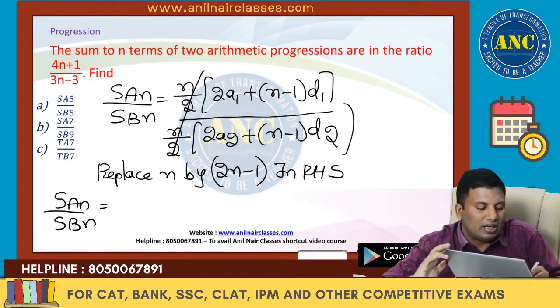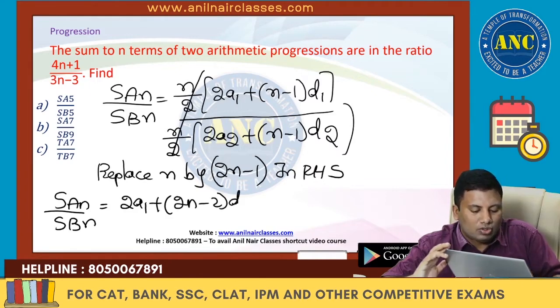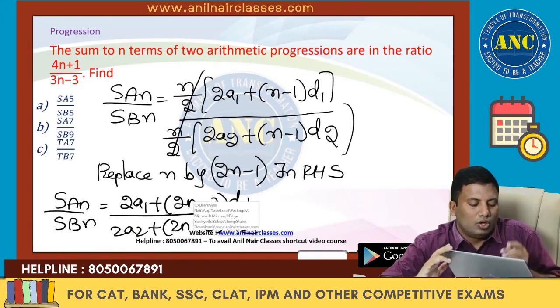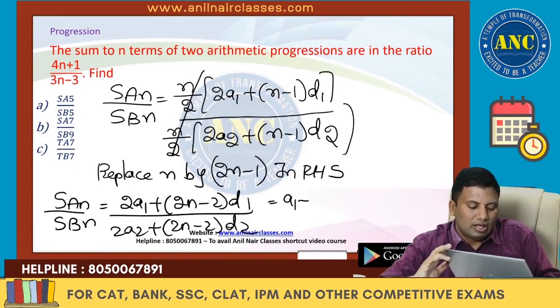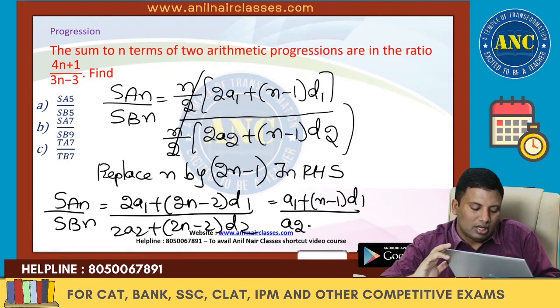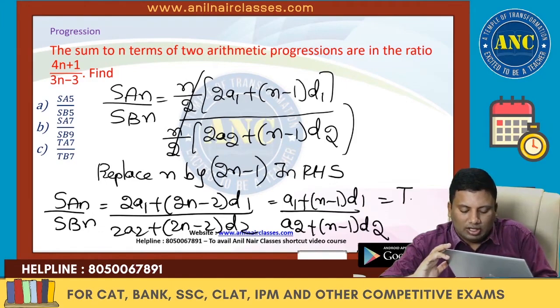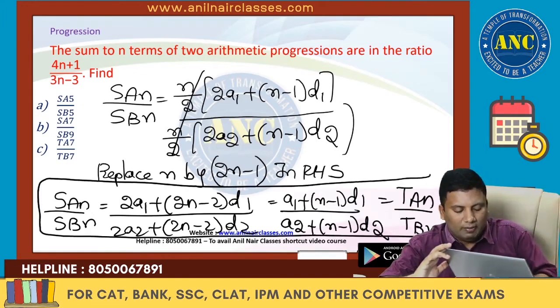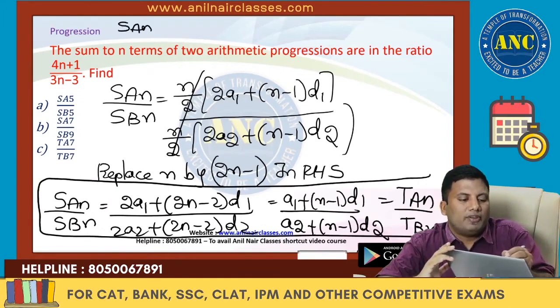SAn by SBn is 2a1 plus 2n minus 2 into d1 divided by 2a2 plus 2n minus 2 into d2. 2 is common, so a1 plus n minus 1 into d1 over a2 plus n minus 1 into d2. These are nothing but TAn by TBn. Please make a note of it. Extremely important point: the sum of n terms ratio.